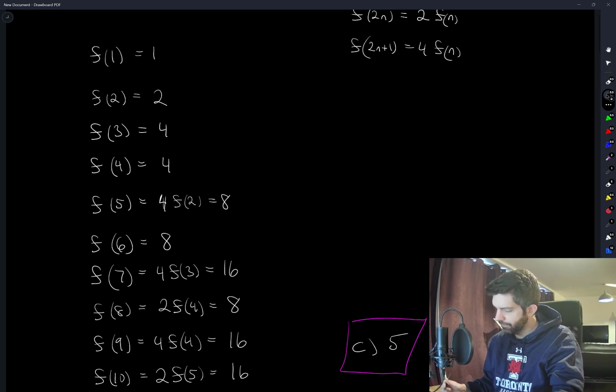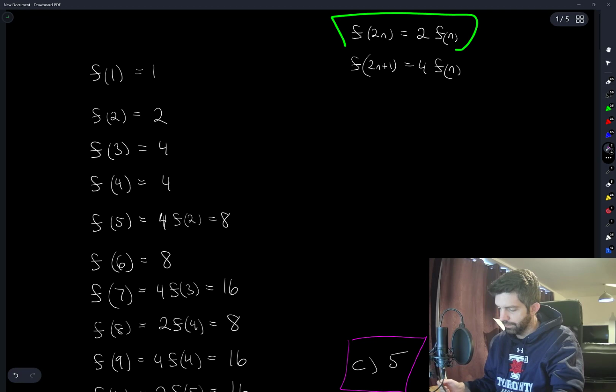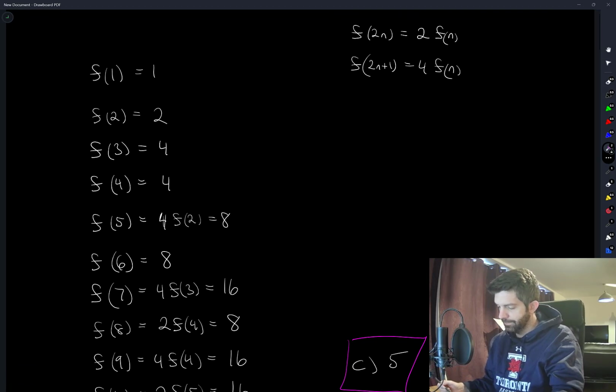yeah, maybe I could have figured this out quickly by only filling in, I'm not sure. I can't just use one of the rules. I can't just use this to fill in half of the, yeah.